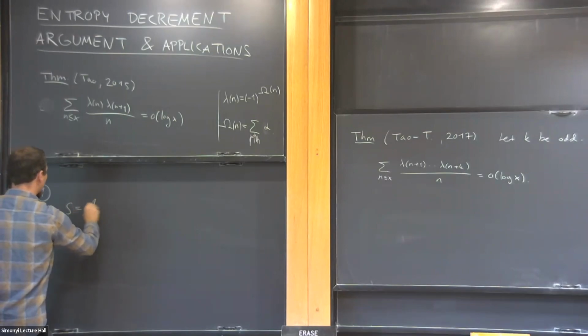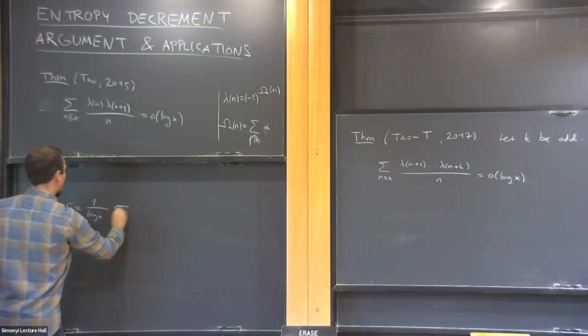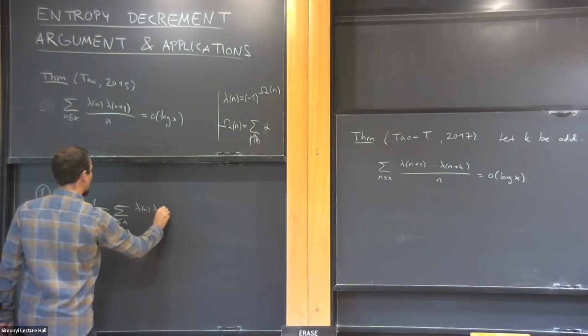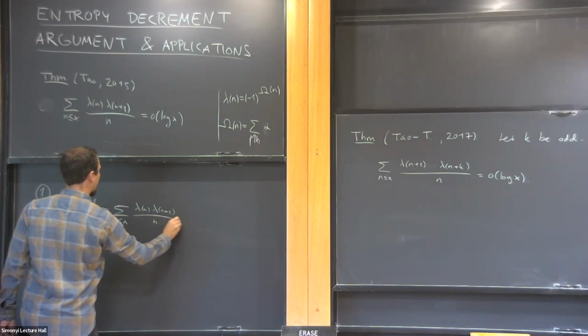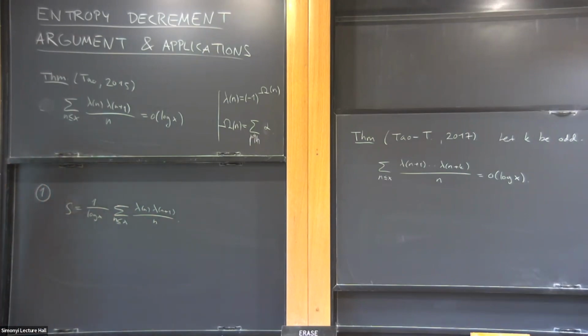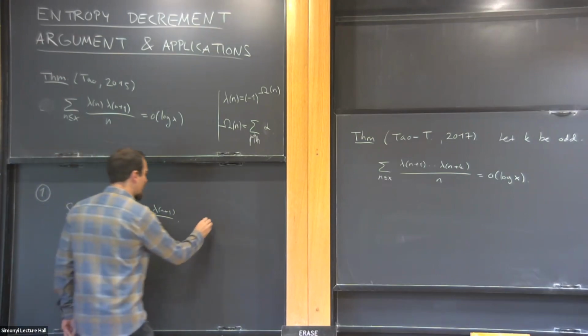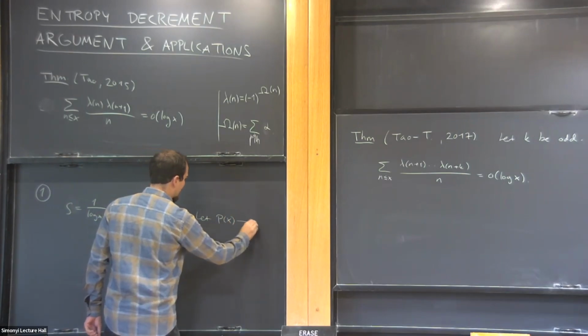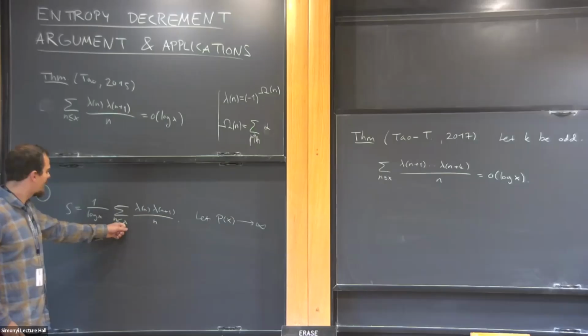So S is 1 over log x, sum of Liouville of m, Liouville of m plus 1, over m. Wait, sorry, the sum is up to x, it does not appear in the sum. Is that sum not to x? Oh, sorry, your x just looks like a lambda. Okay.